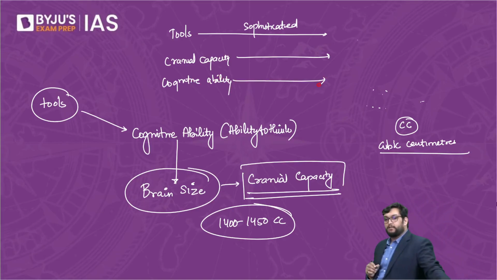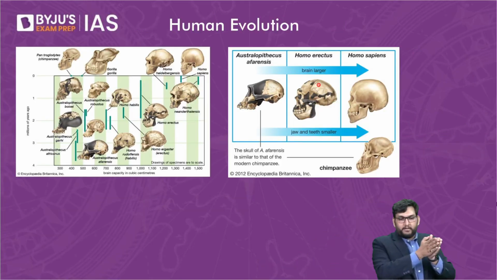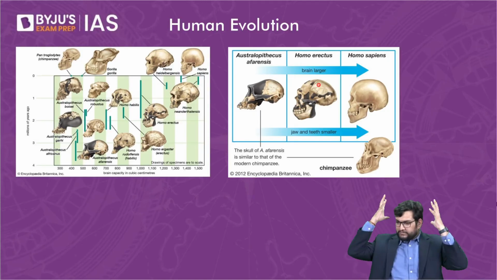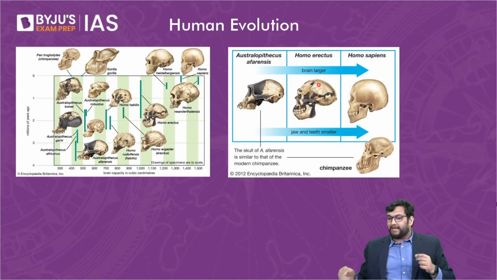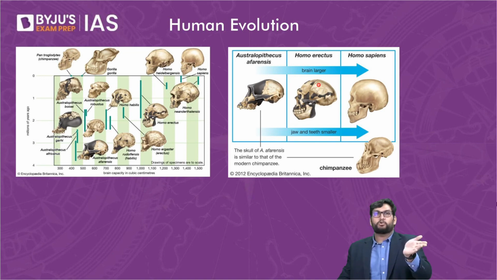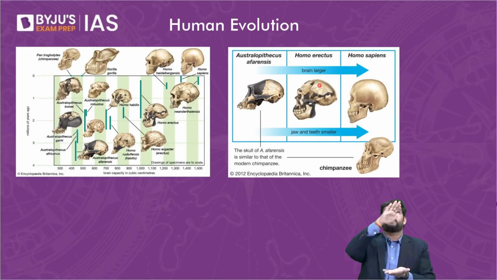Meaning, we have seen that our jaw became smaller and our brain became bigger. But 1400, 1450 is a sweet spot. If you go to 1600, cognitive ability goes down. If you go below that, cognitive ability again goes down.